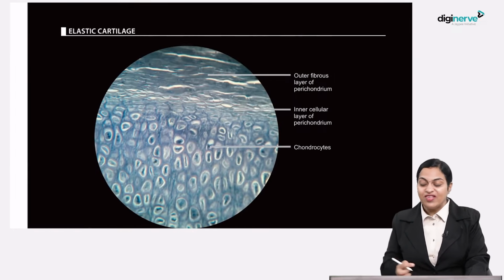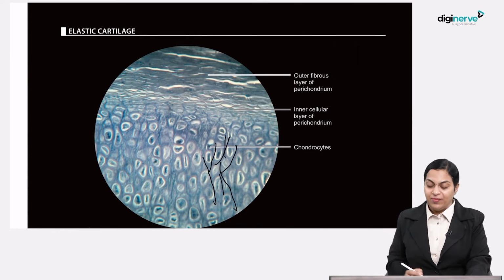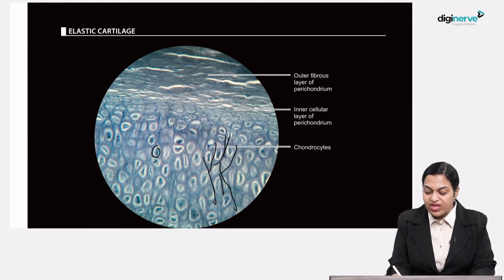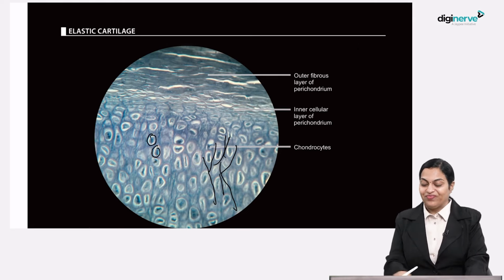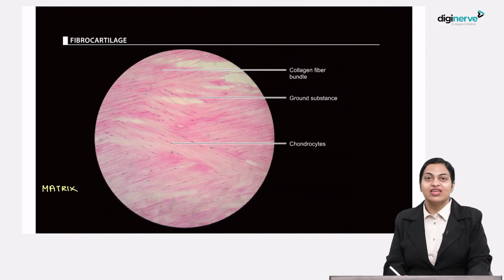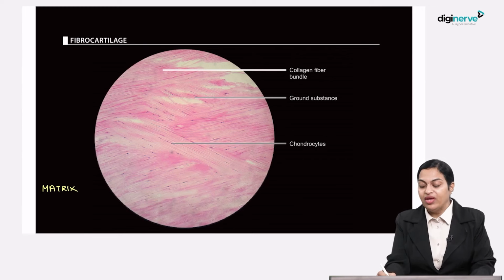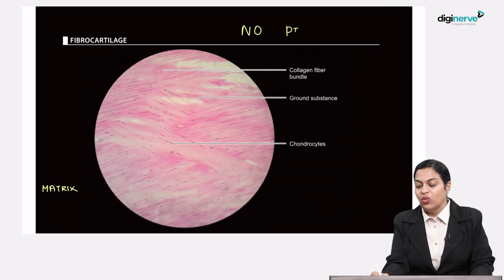Okay, so here this is a special stain to show the presence of elastic fibers in the matrix of the elastic cartilage. Fine, and you can see these are the chondrocytes in lacunae. Coming to fibrocartilage, the very characteristic feature that you should appreciate is the absence of perichondrium. So, it doesn't have a perichondrium.